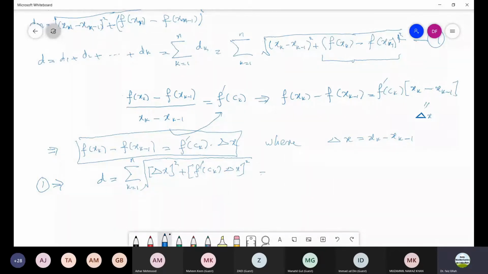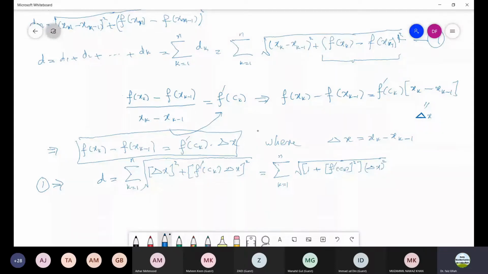So from here we write summation k is from 1 to n, and now I'm writing under the root, 1 plus f'(ck) whole square into delta x square, because I'm taking delta x square as common from the first term and the second term.